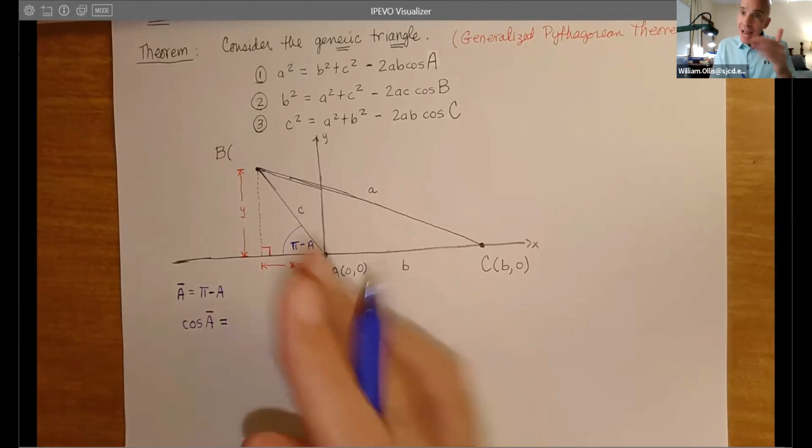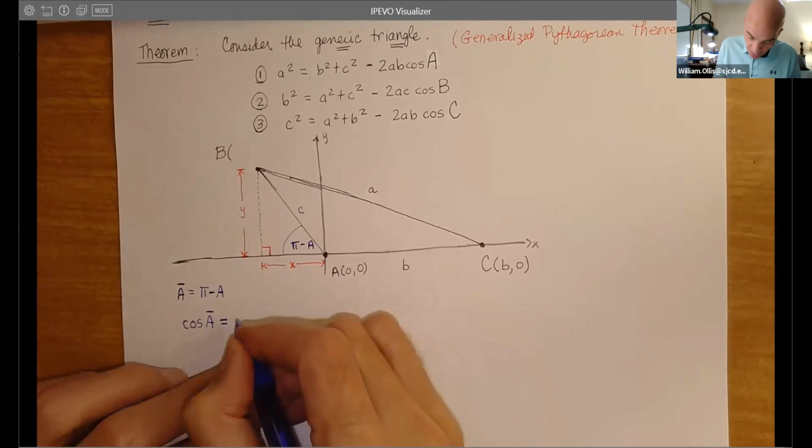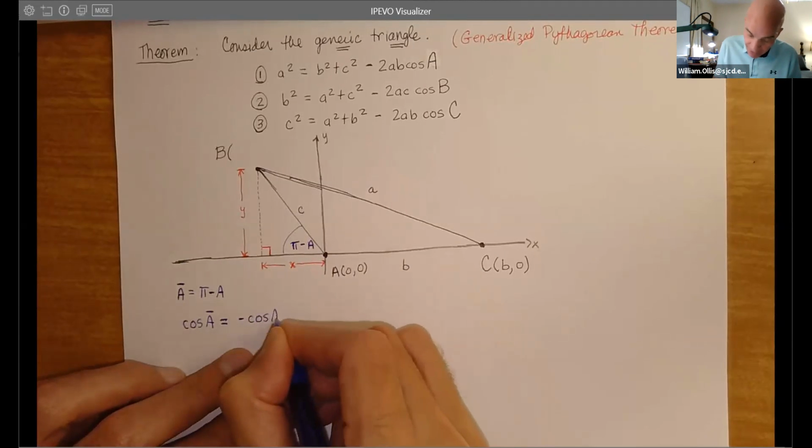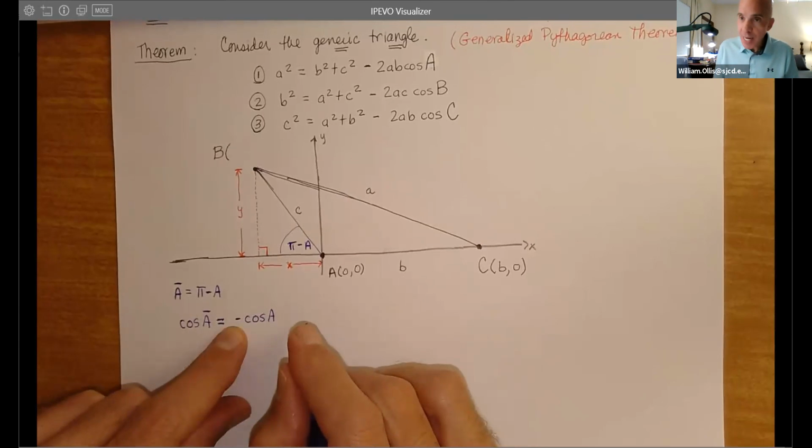So we have to go backwards and affix the negative sign to the cosine of A. So this will be the negative cosine of A. Normally we go cosine of A and then move to the reference, but now we're actually going backwards. So we transfer the negative this way.